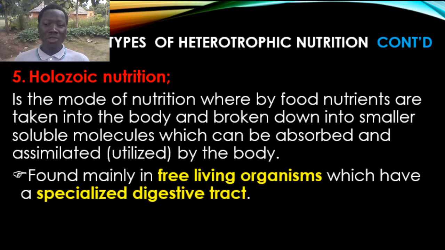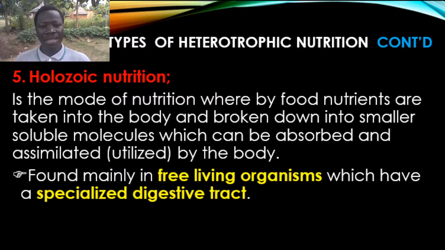It is the mode of nutrition whereby the food nutrients are taken into the body and broken down into smaller soluble molecules which can be absorbed and assimilated by the body. What is unique about it is that there is a highly specialized digestive tract through which this food is taken, digested, absorbed, assimilated, and so on.